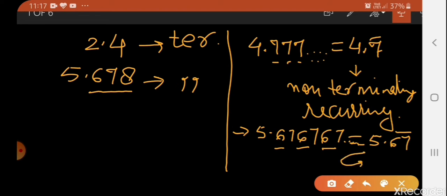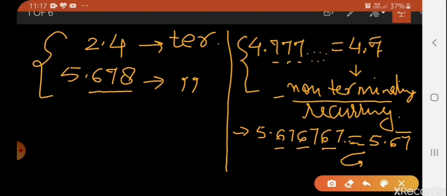So all those numbers that terminate like these are terminating numbers, and all those numbers that are non-terminating are called non-terminating. And if there is a single digit or a pattern of some digits recurring, then we can say they are non-terminating but recurring numbers. So all those numbers that are either terminating or, if non-terminating, then recurring, are called rational numbers.